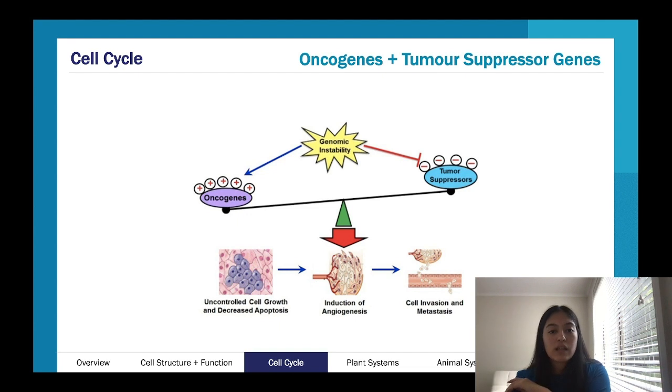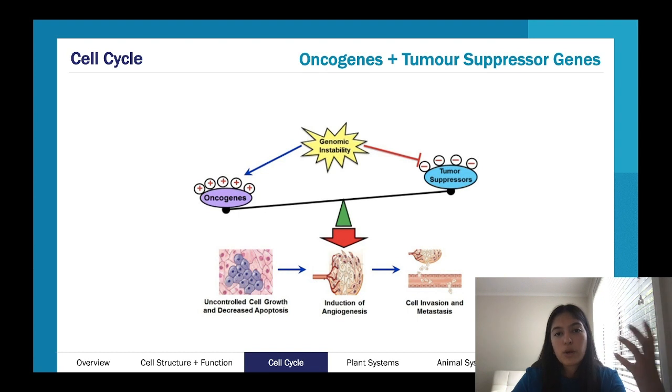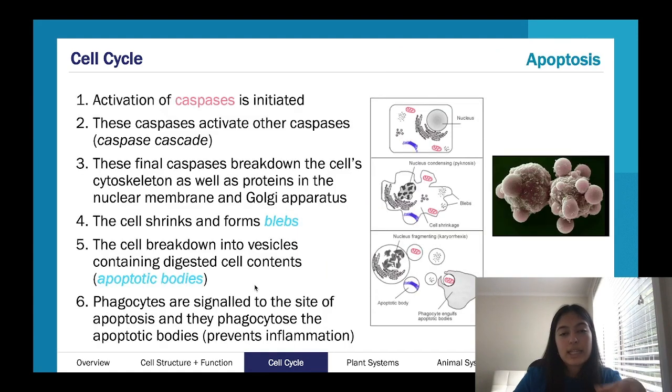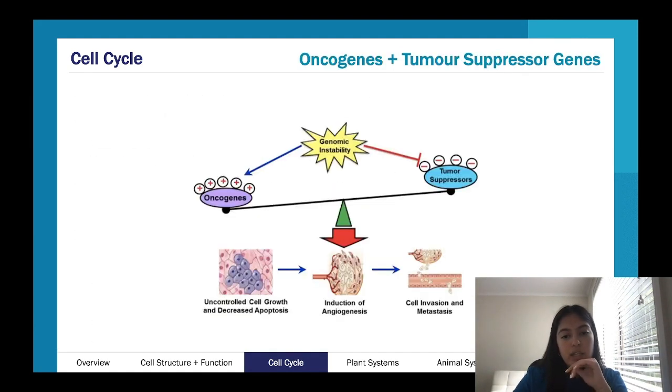If you're pushing the accelerator with your oncogenes, the car is going to drive straight forward, and that can lead to cancer. Some of the traits we're thinking of are uncontrolled cell growth, heaps and heaps of mitosis that cannot be stopped, and the apoptosis that we desperately need in that situation is not happening. Then we can get other things such as cells invading tissues and organs, and spreading of cancer through the bloodstream, stuff like that.